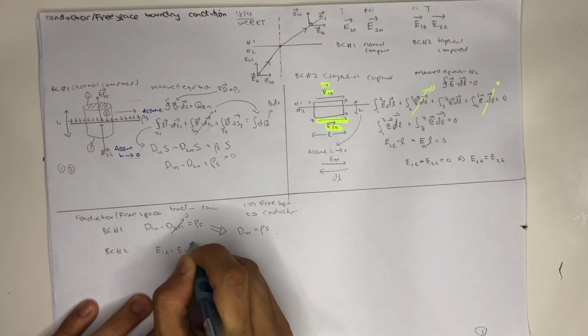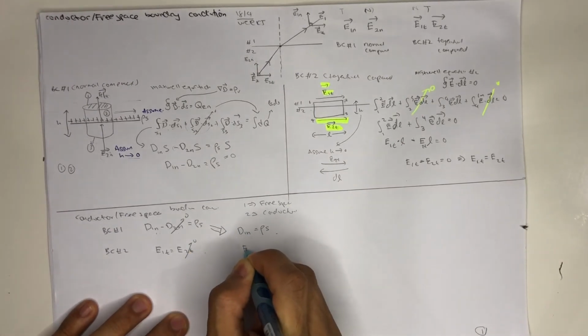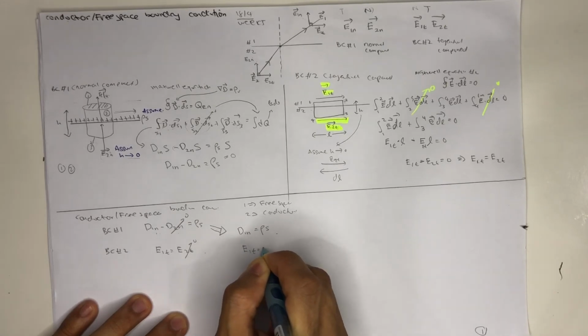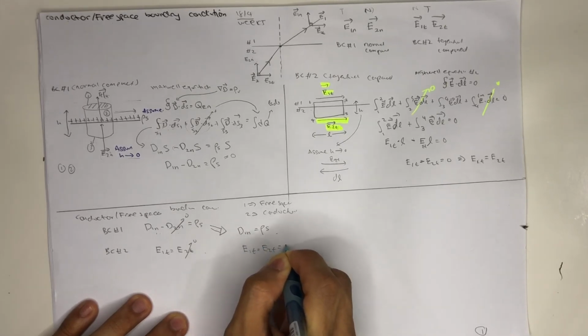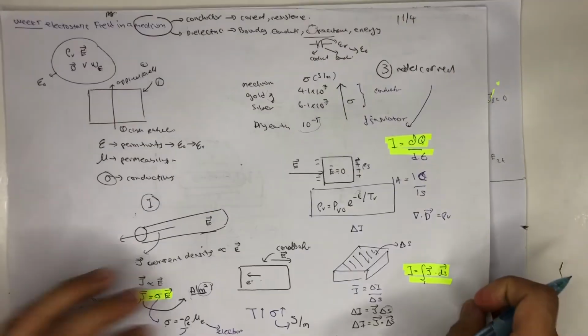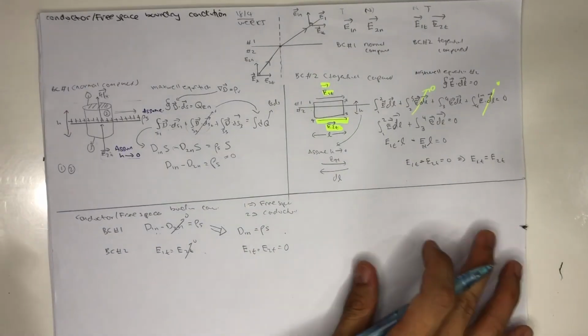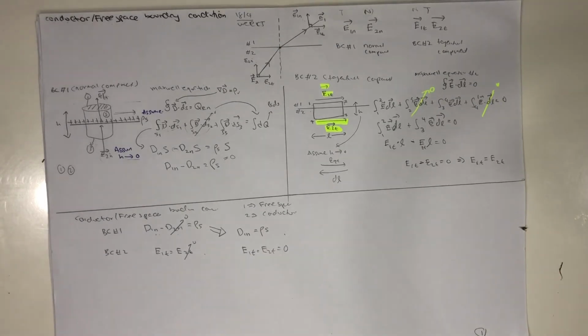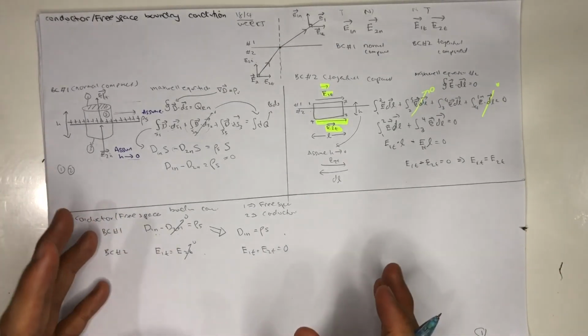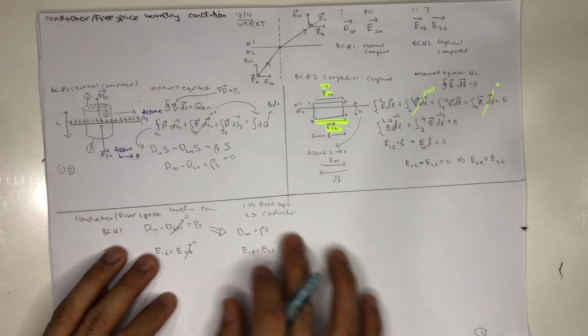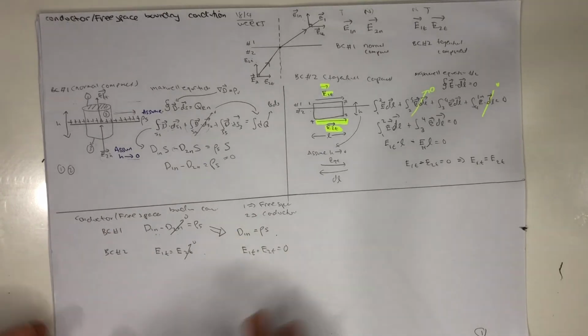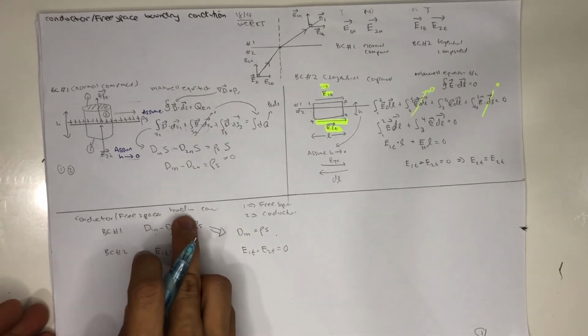So you will come across E1T equals E2T equals 0, which is what I have covered before. So it is much simpler now. Now you have this equation for the conductor free space boundary condition.